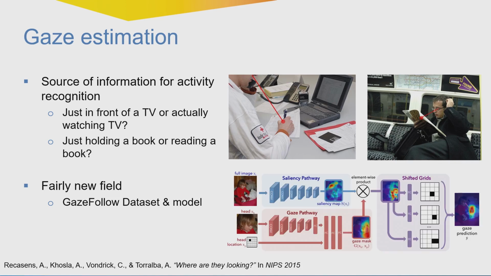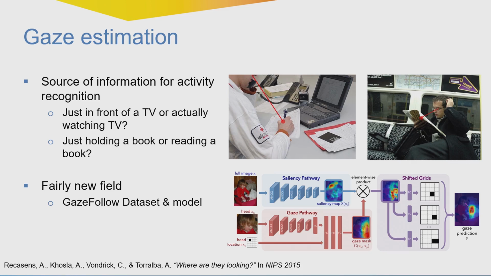GazeFollow is a data set with quite a few images, I believe around 10,000 or something, with annotation of where the person is looking. They also provide a model that is based essentially on two paths, two streams. The first one evaluates the image to say what seems to be the most salient part, which has a higher likelihood of being where the person is looking.